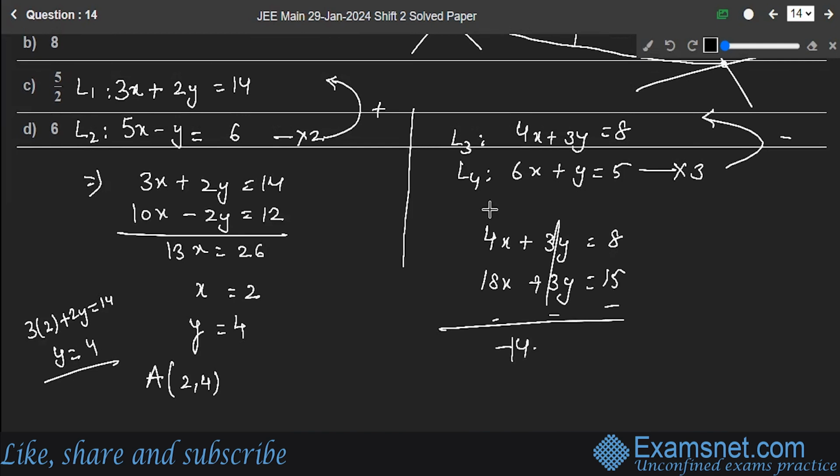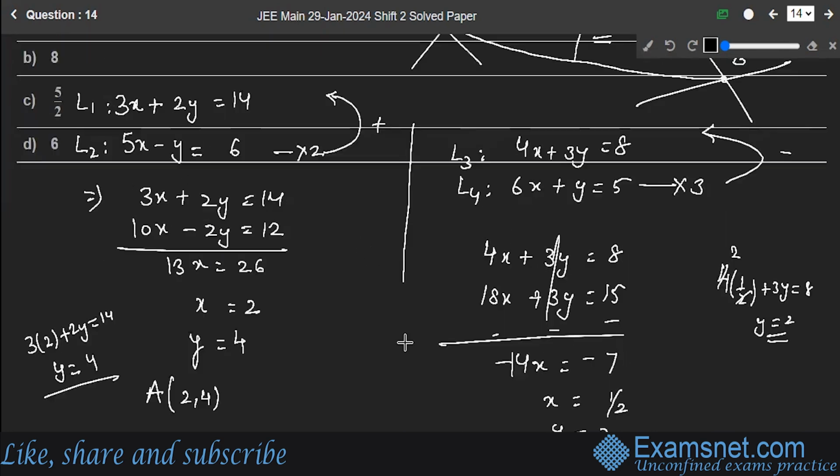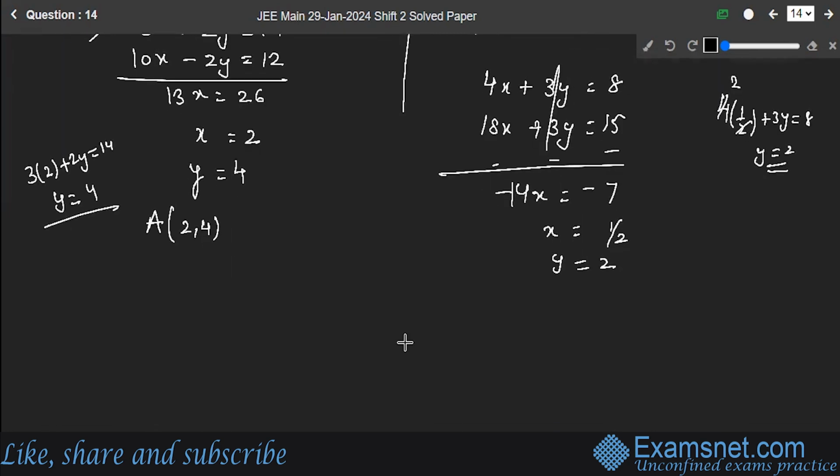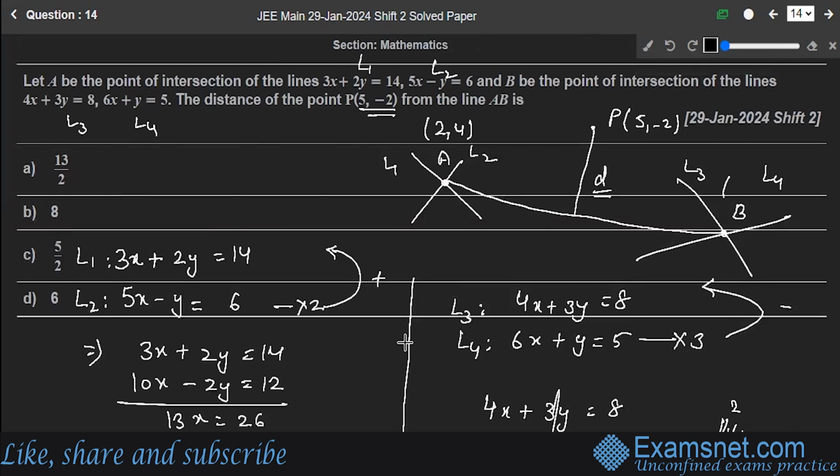Minus 14x is equal to minus 7. So x is equal to 1 by 2. And let's find out the corresponding value of y. So this plus 3y is equal to 8. This will give me 2y will be equal to 2. Okay, so you have the B point as 1 by 2 comma 2.